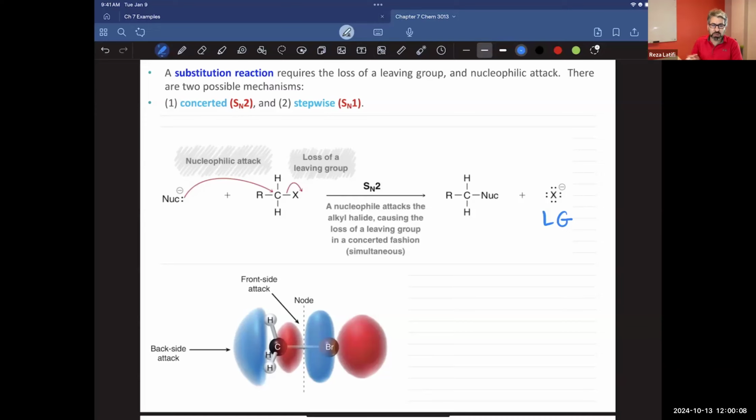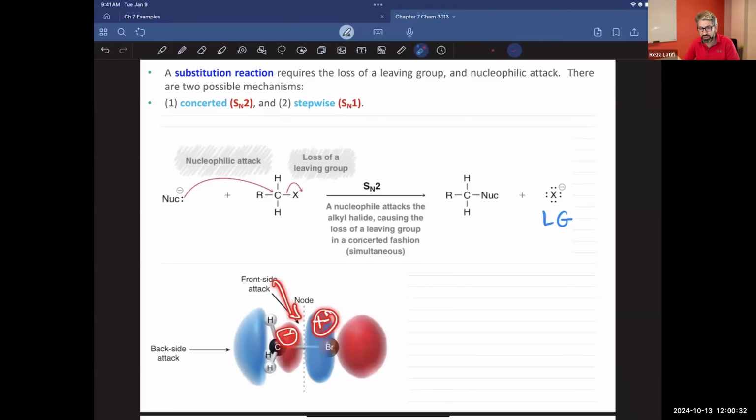The attack must happen from the back of the system. As you see, we have nodes here. So when the nucleophile is reaching, if it makes an interaction with the positive lobe, the negative one will cancel it.